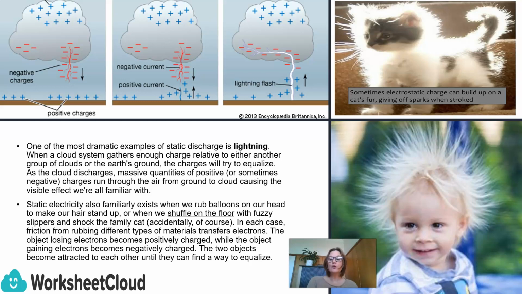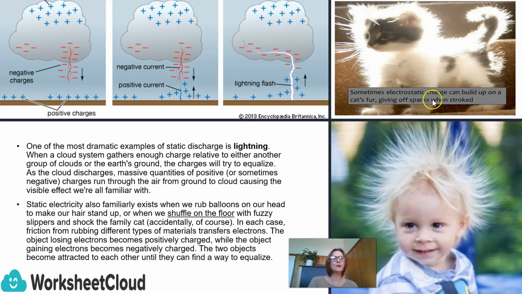The object losing the electrons obviously now becomes more positively charged, while the object gaining electrons becomes more negatively charged. And then the two objects become attracted to each other until they find a way to equalize.